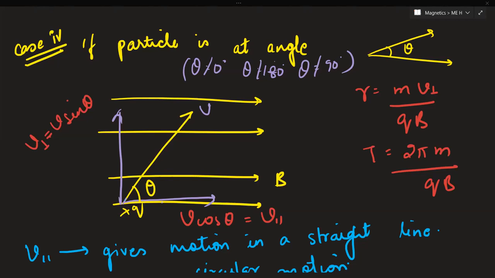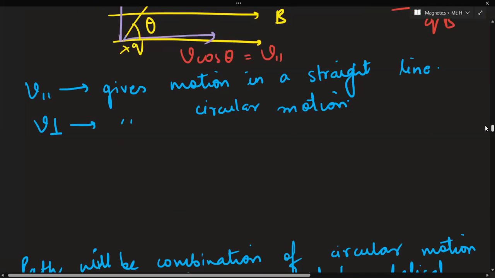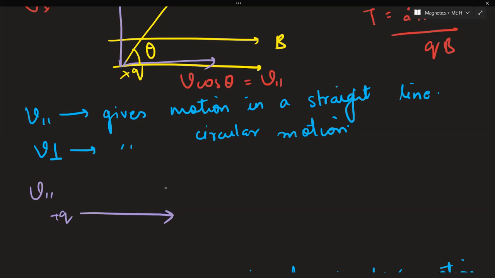The parallel sign gives motion in a straight line, meaning your charge is able to move forward. Your charge is here, your charge will move like this because of v cos theta, that is v parallel.